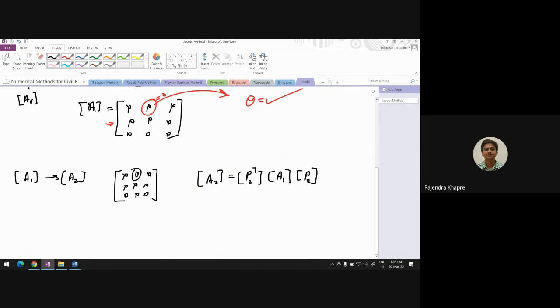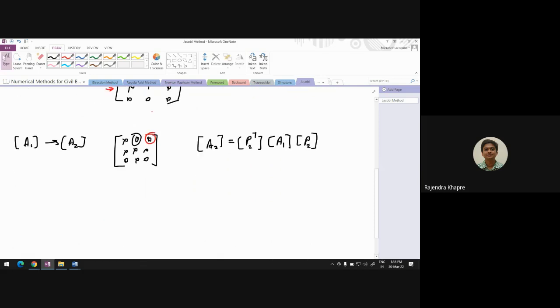So now in this particular case, what I am trying to eliminate is this. So if I am trying to eliminate the element in the first row and third column, what will be my P, or rather P2? It will look like this: 1 0 0, 0 1 0, 0 0 1.